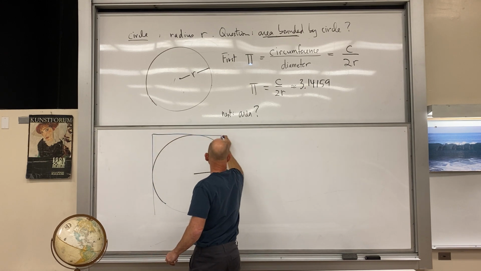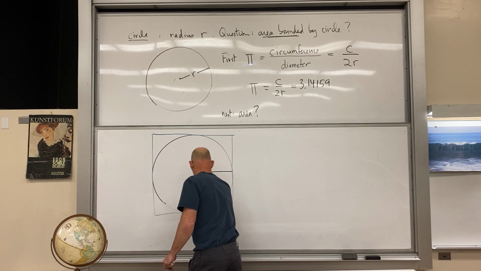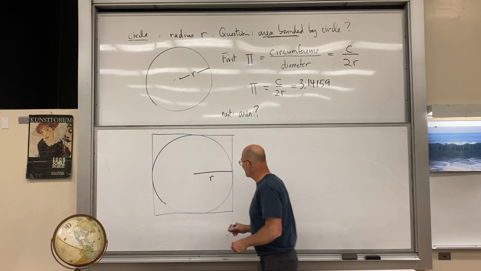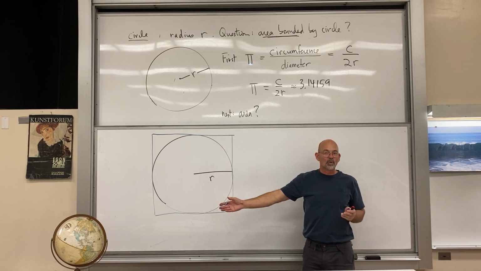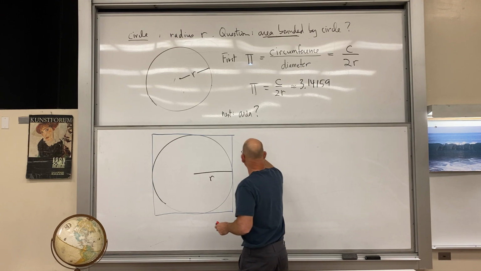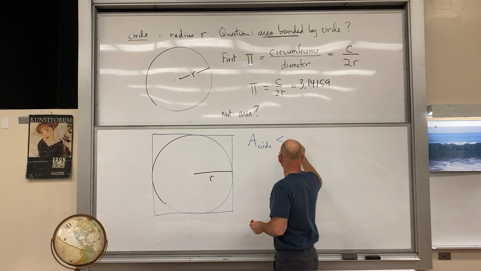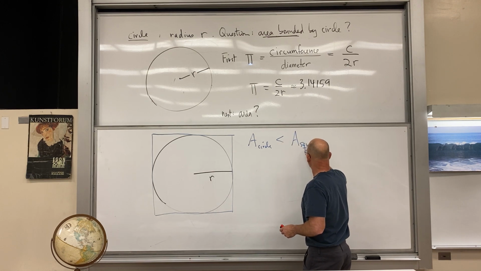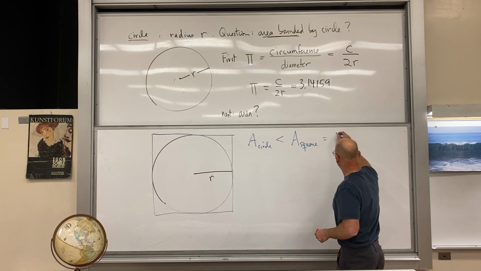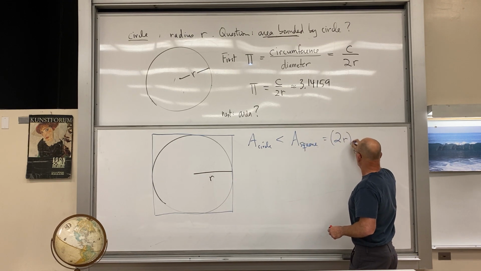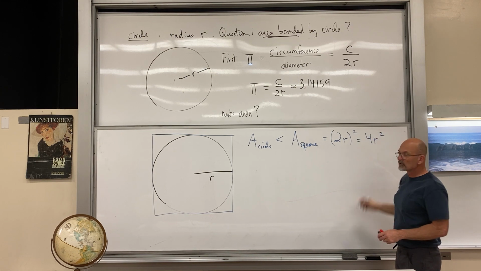So it fits perfectly in this box, which means that the area of the circle is less than the area of that square. Okay. So area of circle is clearly less than the area of the square, and the area of the square is exactly 2r, the quantity squared, which when you multiply that out, that's 4r squared.